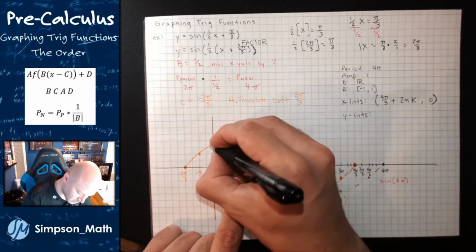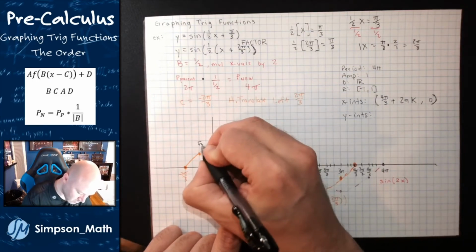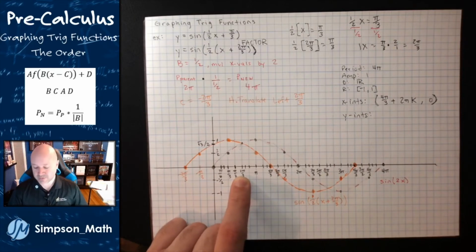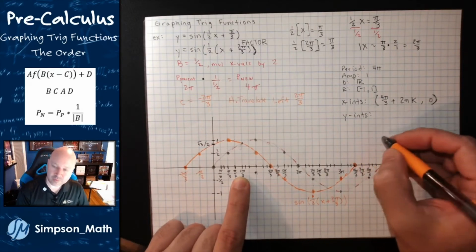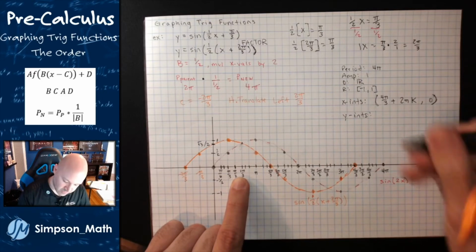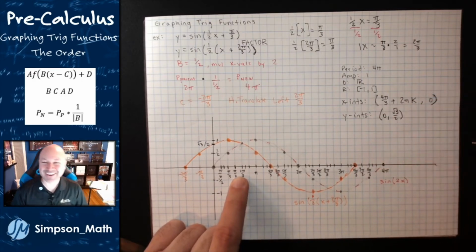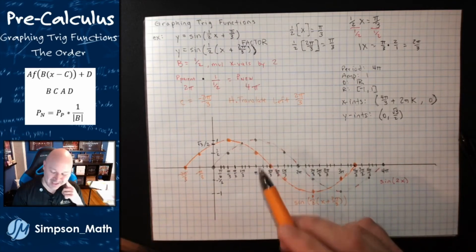Oh yeah. So yes, I know the y-intercept is at 0, √3/2. I can walk through that again. Let me write it down now before I forget.